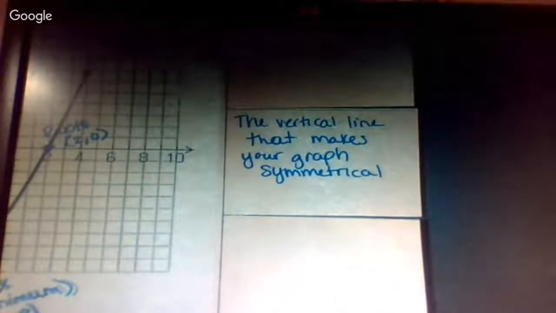Your graphs are always parabolas in this unit because we're talking about quadratics. So your graph will always look like this or like this. If I cut it in half this way, is it symmetrical? No, you can't fold it in half and have it land on itself. It's always going to be a vertical line. So your vertical lines are always x equals a number.